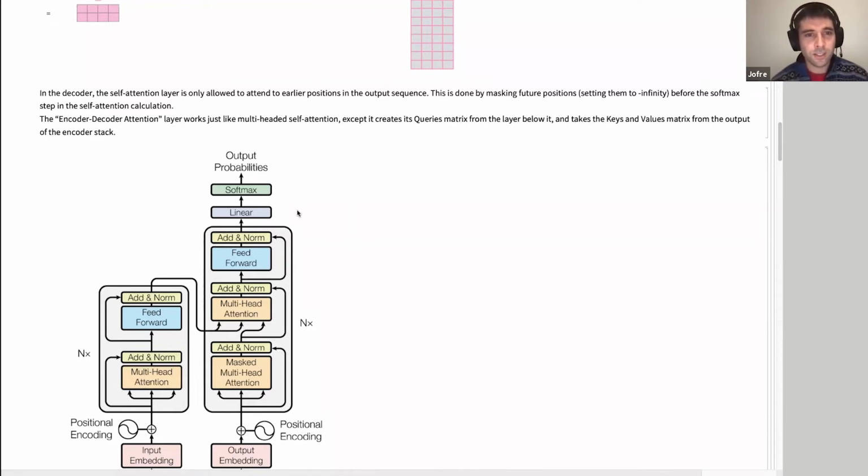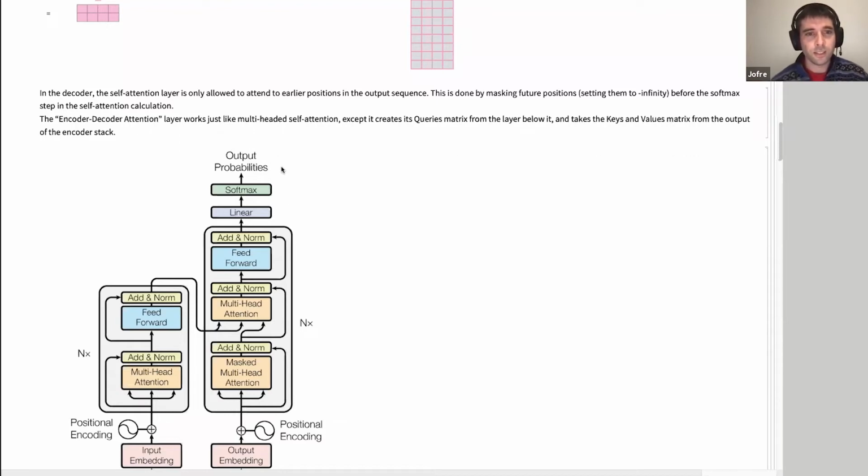And finally, this vector, which is also called logits, is going to have a softmax in order to generate all the probabilities that will be positive and add up to 1.